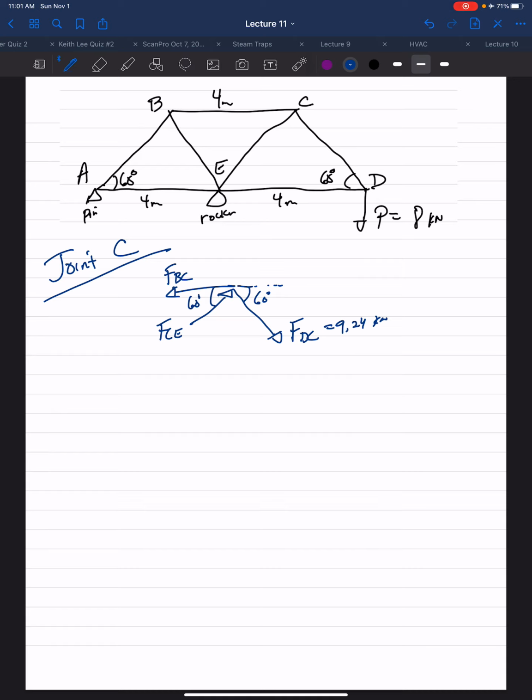So working at joint C, one known, 2 unknowns.